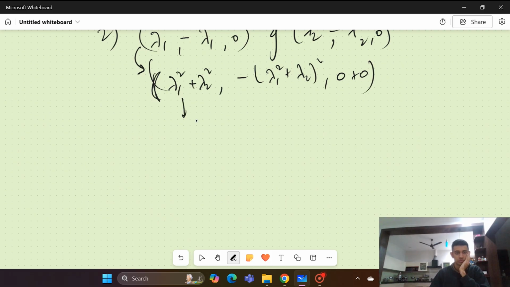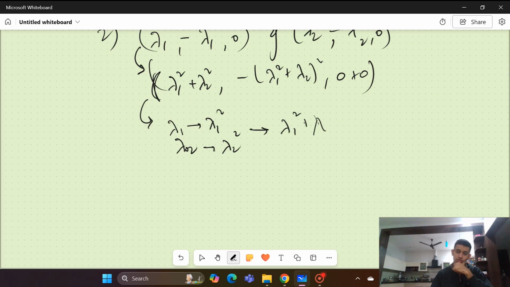Sorry, we take this on the next step, and again, if lambda 1 and lambda 2 are real numbers, then lambda 1 square is a real number, lambda 2 square is a real number, and that sum must also be a real number. And therefore, this is still a real number, which we'll now say is lambda 3.